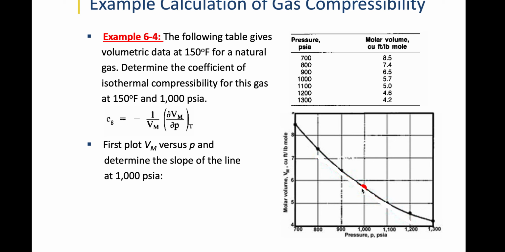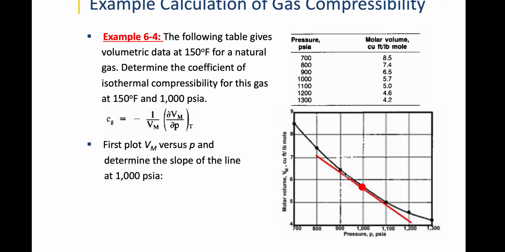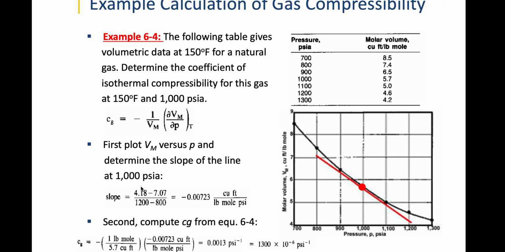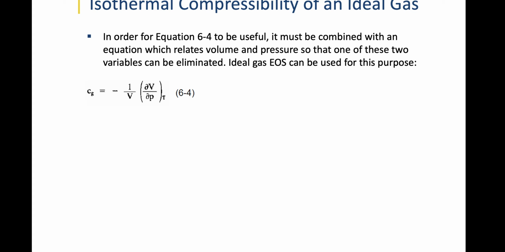So I go to 1000 psi, and then I draw the tangent to the curve, and I find the slope. So the slope of the red line, which is a tangent at 1000 psi, because the question was to find the compressibility at 1000, is giving me dV over dP. When I have the slope, I plug it into the equation and I get the gas compressibility. Remember, the gas compressibility dimension is 1 over pressure, so it's per psi.